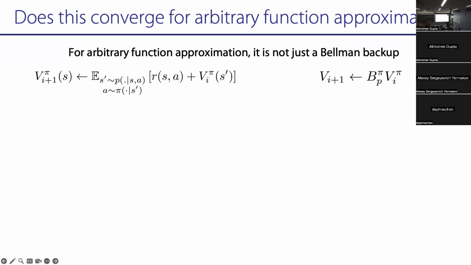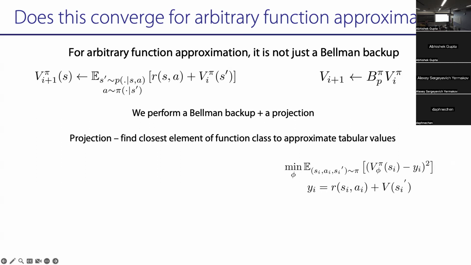And so what you do in function approximator land is that you do a tabular Bellman backup plus a projection. And so what I mean by that is that you can think of this term as a tabular Bellman backup, which is saying that in my current batch of things, I am going to have a vector of things, right? These are just S_0 to S_K, where these are things in my batch. They don't have to cover all the states in the world.